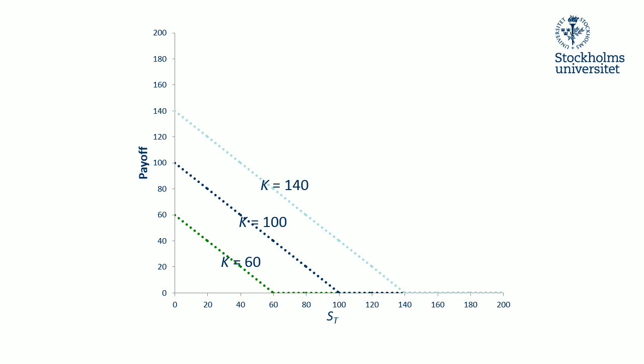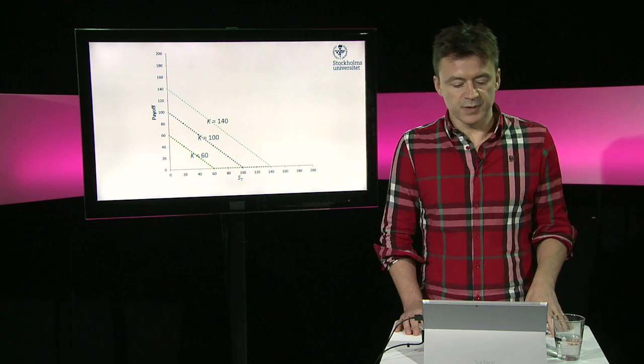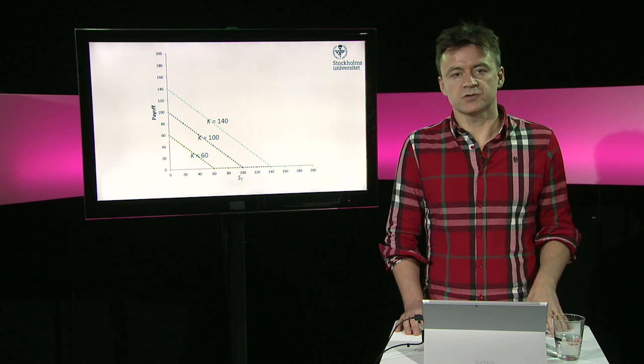What is immediately obvious from this graph? Well, the important point is that the payoff of the put option with the highest strike will always be greater or equal to the payoff of the other two options. And the payoff of the option with strike price 100 will always be greater or equal to the payoff of the option with strike price 60.